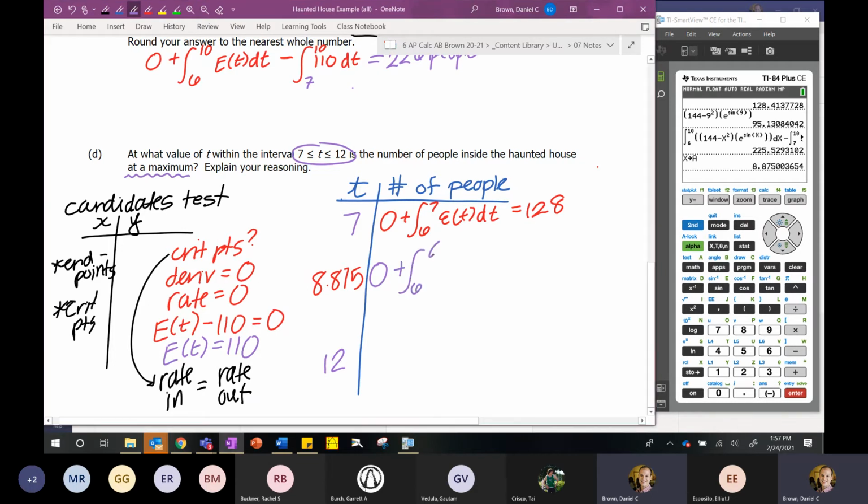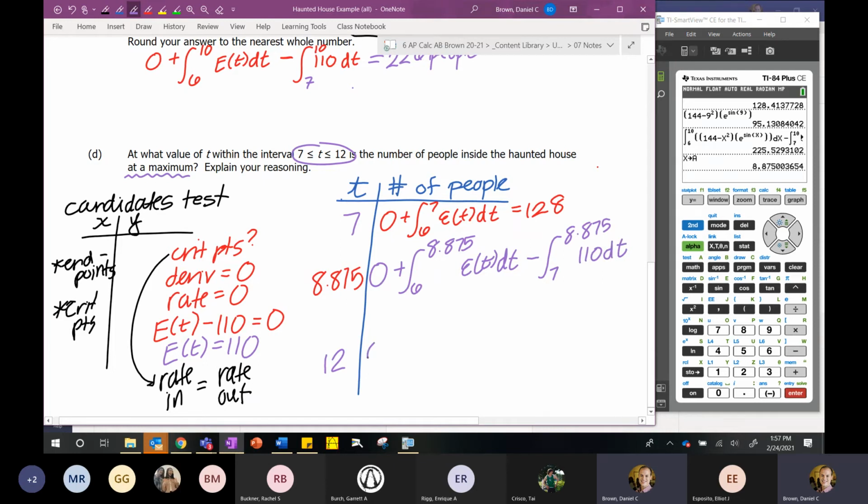We're freezing time at this 8.875. And we're integrating this E of T dt. We're beyond 7, so people are also leaving. How many people have left? People start leaving at 7. They stop leaving at the 8.875, and the rate was the 110 dt. I'll come back and evaluate that in a second.